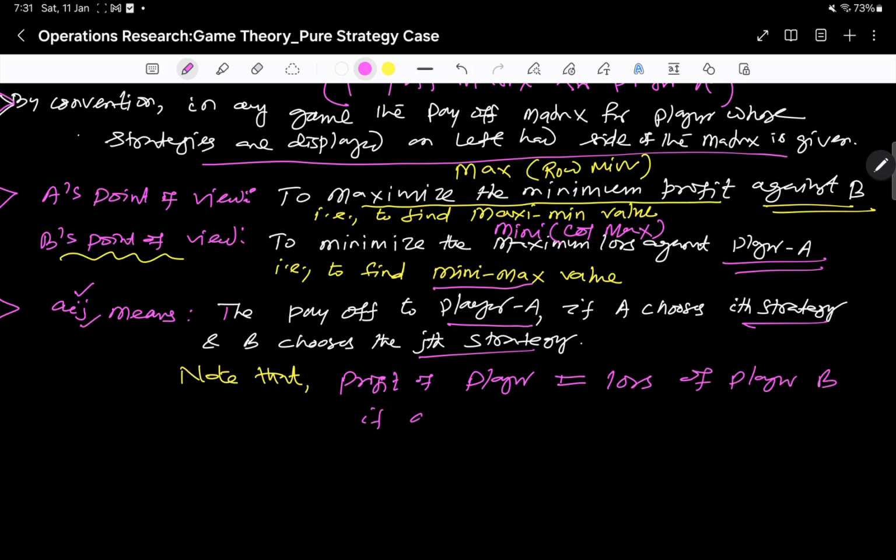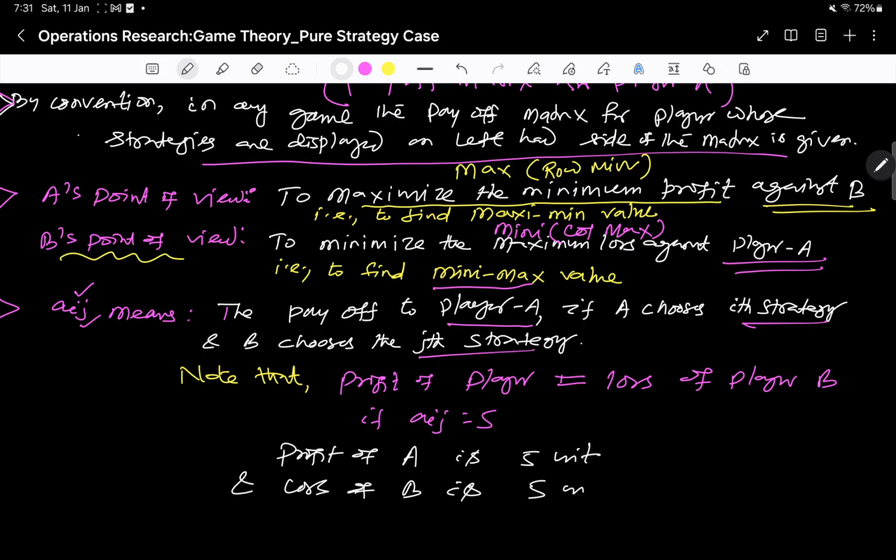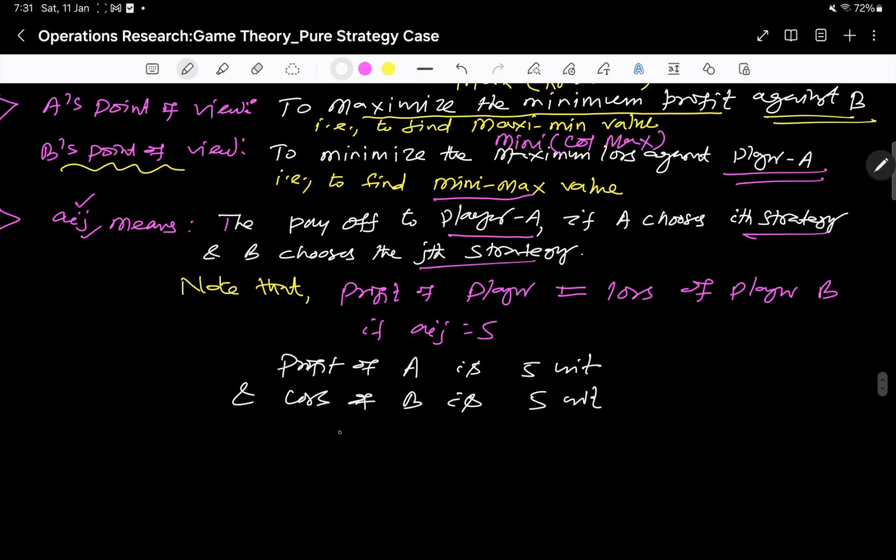If Aij is, suppose, 5, I say the profit of A is 5 units, and the loss of B is 5 units, which is the same thing as the profit of B being minus 5 units.